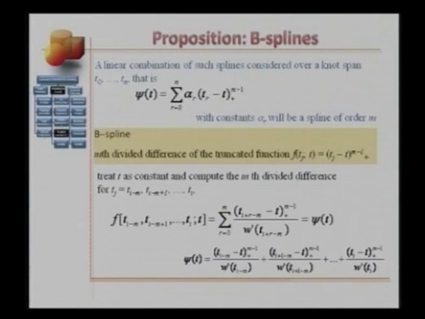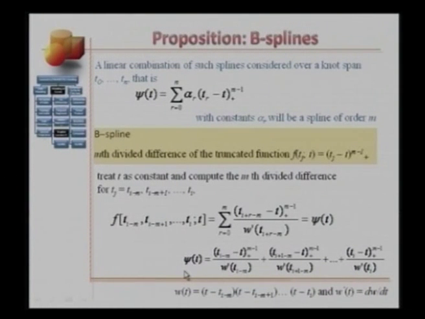I am repeating myself here, but this would help both of us understand that since each term is a spline of order m, since each term has m minus 2 unique derivatives, the summation of all these terms will have m minus 2 unique derivatives, and by definition that would be a spline. Here w(t) is the product of (t minus t(i-m)) times (t minus t(i-m+1)) up till (t minus ti). And as you know, w prime t is the first derivative with respect to t.